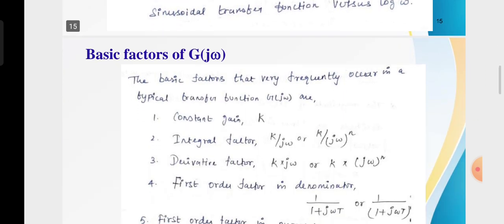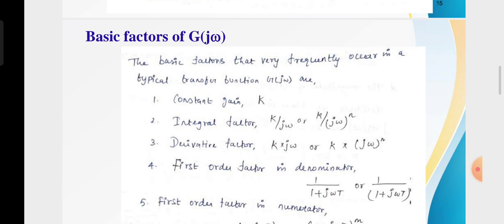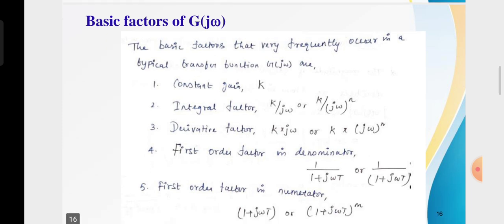Next, the basic factors of G of j omega.